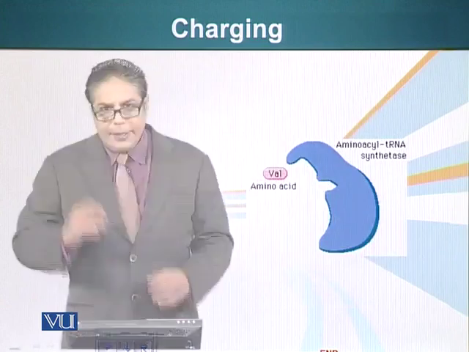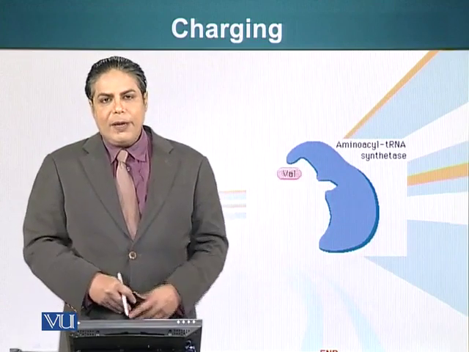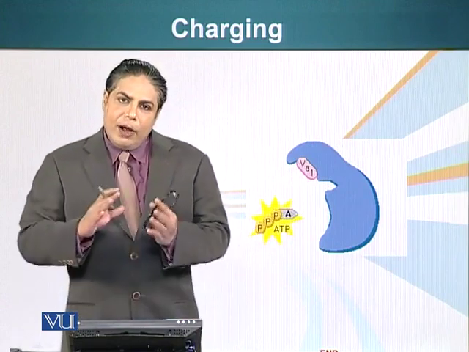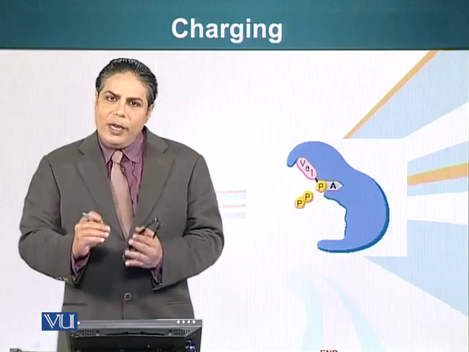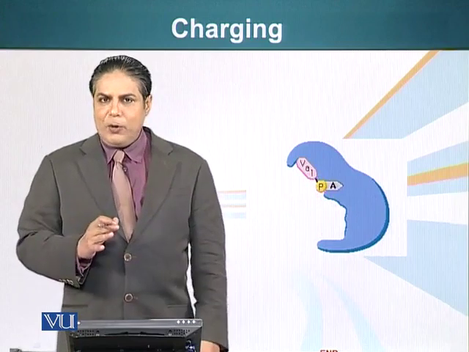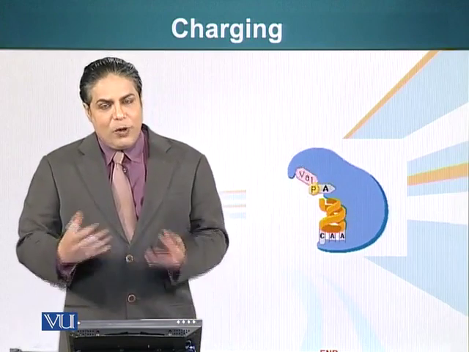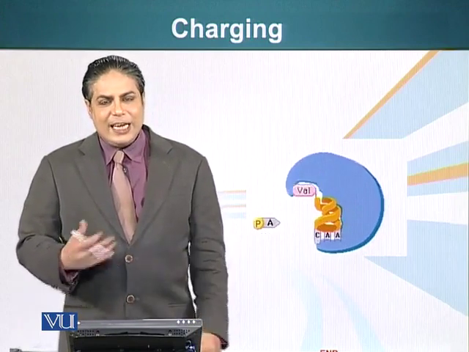So this is, as I mentioned, a very conserved system. A specific tRNA will only bind its respective amino acid and its respective amino acid only. And that's why we refer to it as a second genetic code.